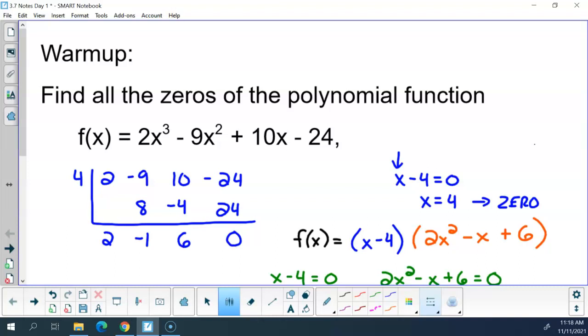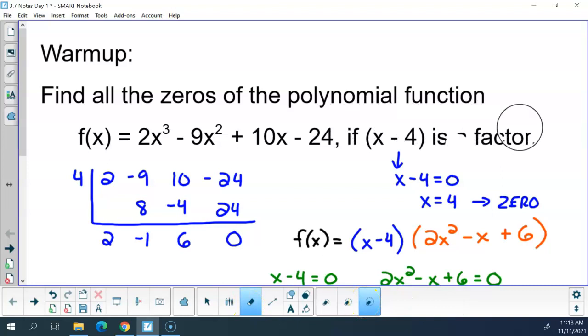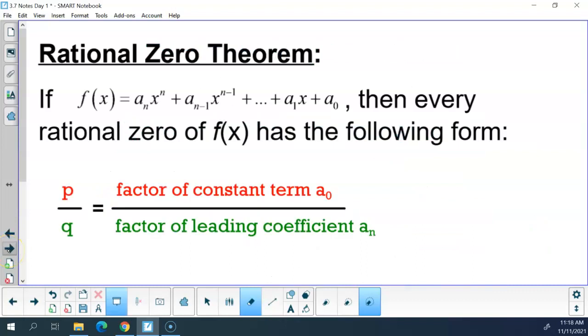That's the difference today. I'm taking away where I give you part of the answer already. So let's do it.